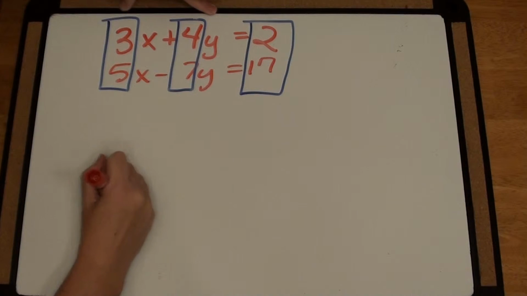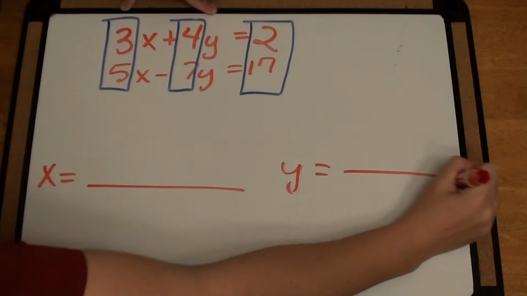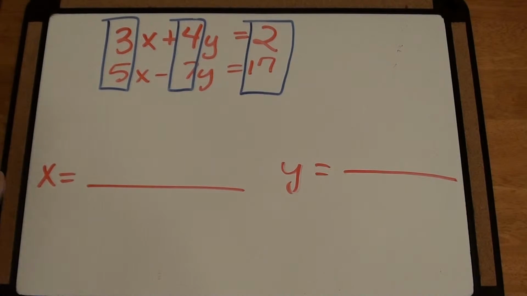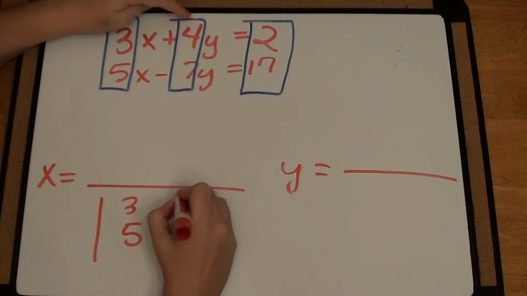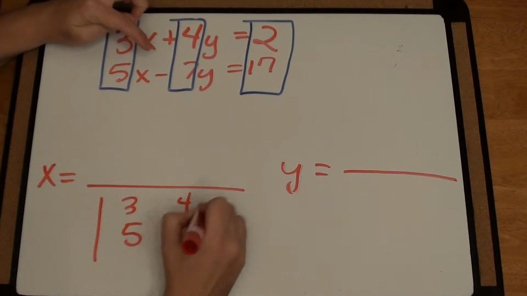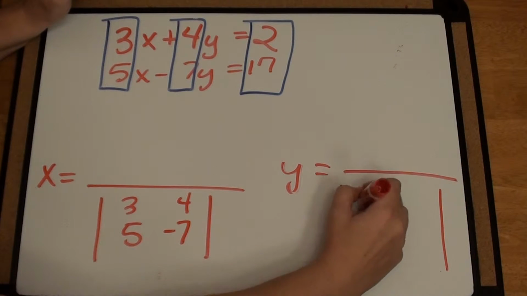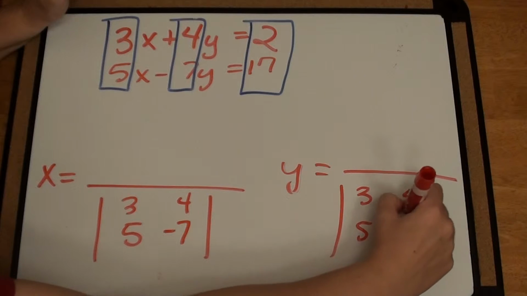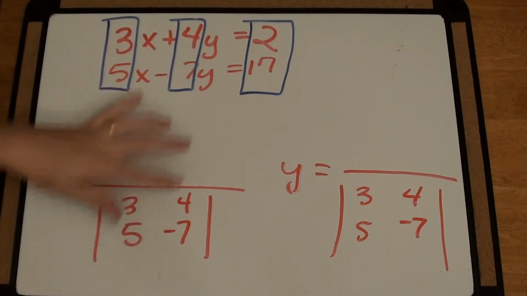So we're going to have x equaling something, and we're also going to have y equaling something. For both of these, the denominator is exactly the same. We take the determinant of 3, 4, 5, negative 7. So we're taking this determinant for both of them. I'm just taking this, writing it here, taking this, writing it here.